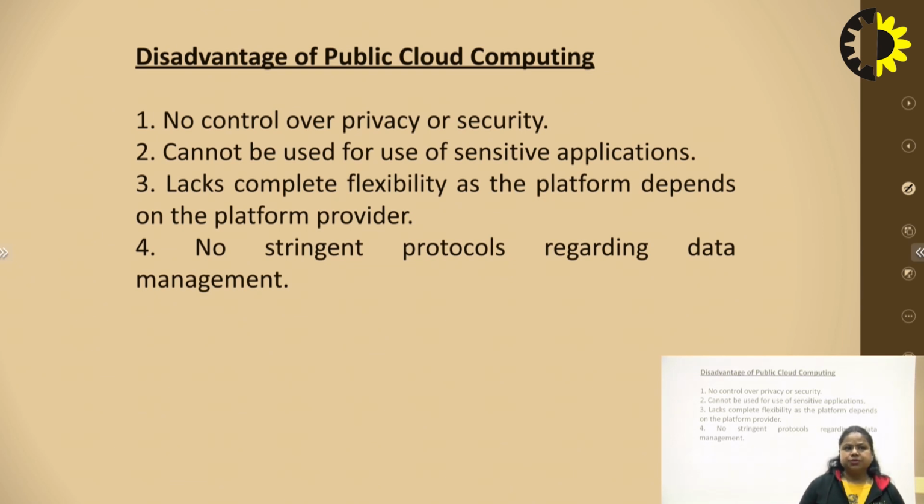We cannot use it for sensitive applications or information. When organizations use sensitive data, they cannot use the public cloud. Lack of flexibility because they are accessible by all the platforms of the platform provider, so flexibility is not there. No stringent protocol regarding data management.